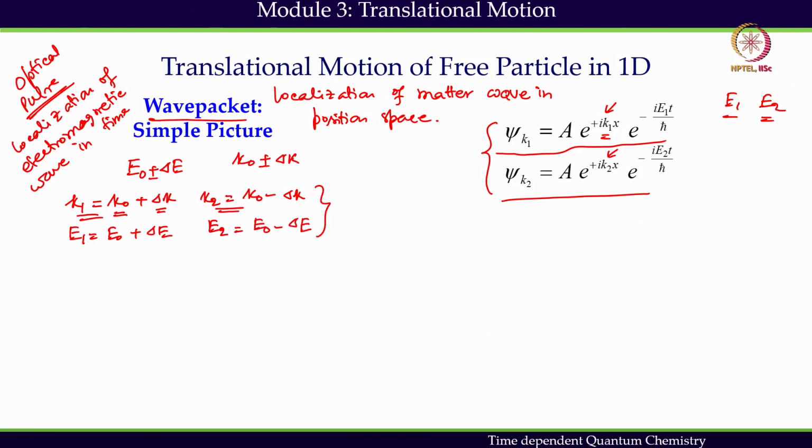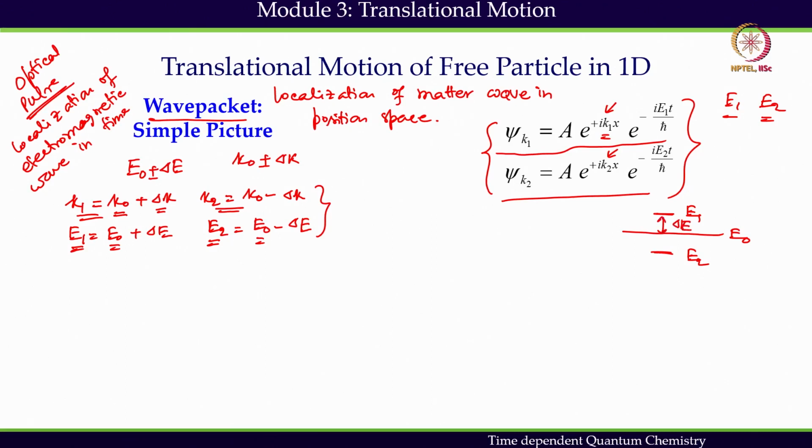This is the way we are going to present it. In the end, what we are showing here is that these two plane waves have slightly different energies, that is all. And we are now representing those energies with respect to some average values. So, let us say this is the average value E naught, the resultant value. My E1 was here and this is E2, and this difference is delta E. That is the basic idea.